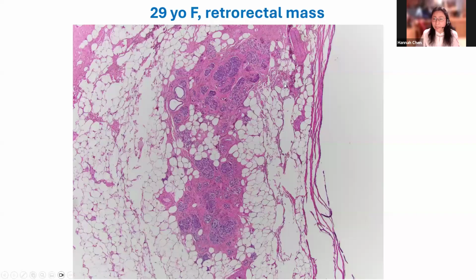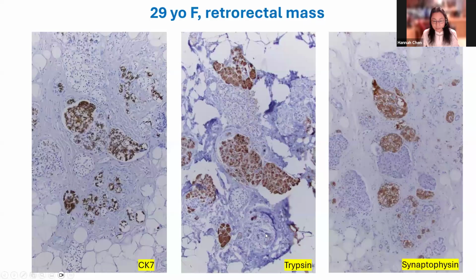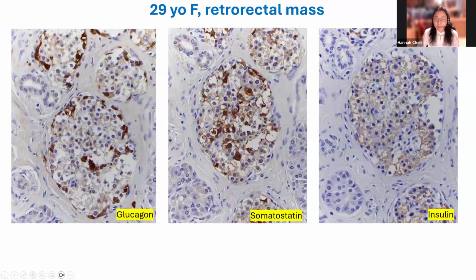Interestingly, a small focus shows this morphology. At higher power, you can see this is just normal pancreatic tissue, with acinar component, neuroendocrine component, and ductal component. Yes, I performed these stains just for educational purposes. CK7 highlights the ductal and some acinar cells, trypsin highlights the acinar cells, and synaptophysin highlights the neuroendocrine cells.